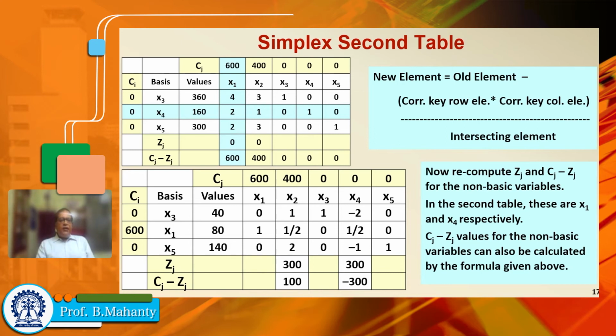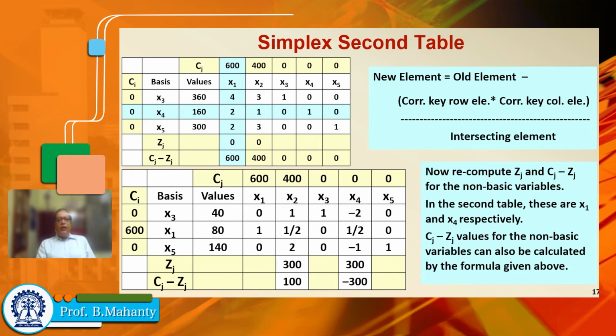Does x5 get exhausted? No, 40 into 2, 80. Right? So x5 doesn't exhaust. So only x3 gets exhausted. Only 40 units therefore can be made. And in that sense, we can easily say that our bottleneck resource is going to be x3. Is it not? So that is what we already see.